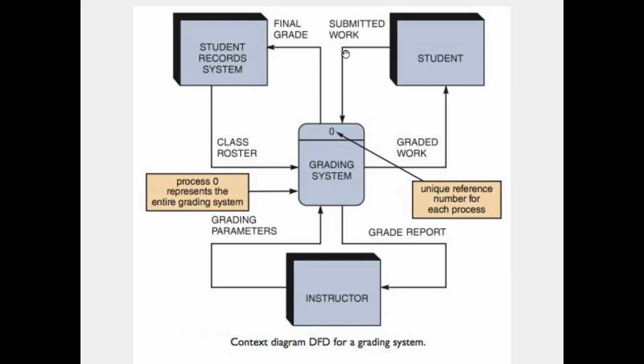So when we get the student submitted work, then from the grading system, the instructor can get the grade report, and the system can also return the graded work, and the final grade should be recorded back in the system. So data flows will indicate how the data flows between the main system and the external entities. Right.